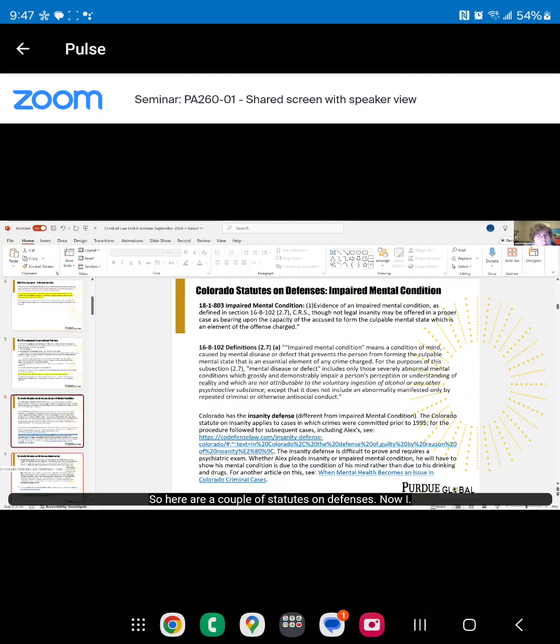Now, I was going to talk about the impaired mental condition, and we kind of got into that on the discussion question last week, talking about novel defenses and regular defenses.